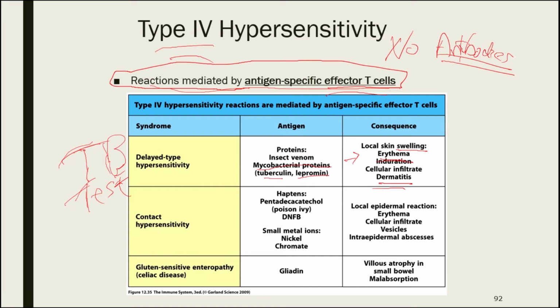Contact dermatitis can also be classified as type 4 hypersensitivity, in particular poison ivy, which is one of the main causes. Nickel: we talked about nickel being type 1, but it can also lead to type 4 hypersensitivity, though that usually takes a little bit longer, not as quick as type 1. The other common one is gluten sensitivity. We'll talk about each of those in later slides.